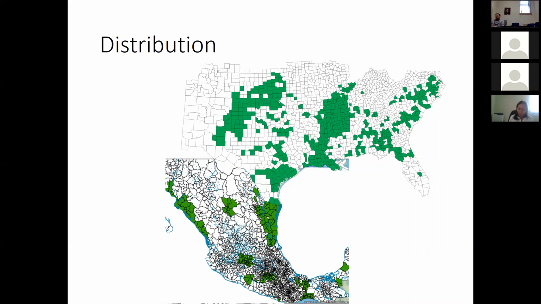The other interesting thing about this aphid is it doesn't have a diapause or a dormancy phase during the winter. So it overwinters on live plant tissue, and it can't survive very cold weather.